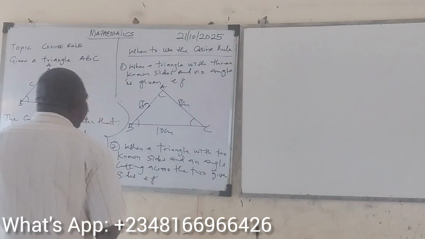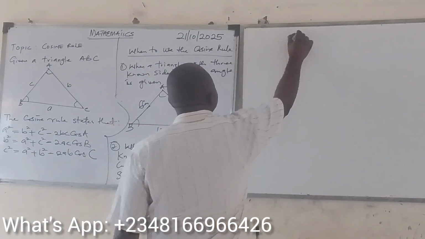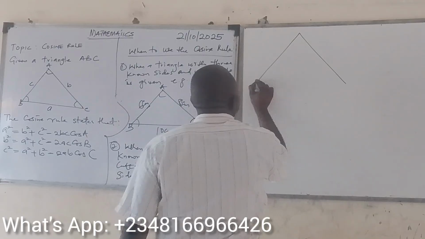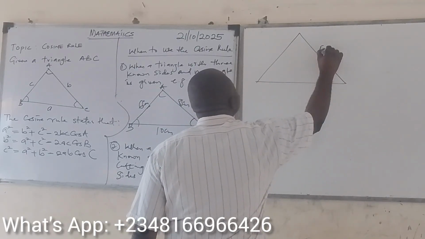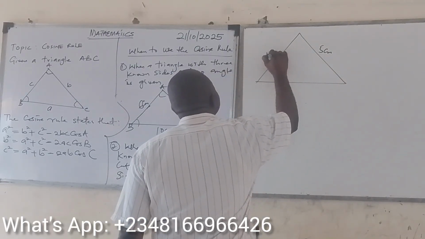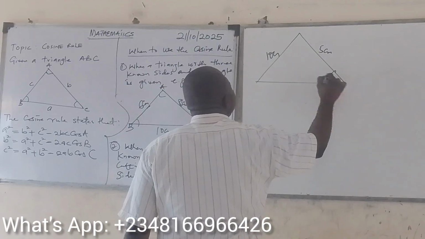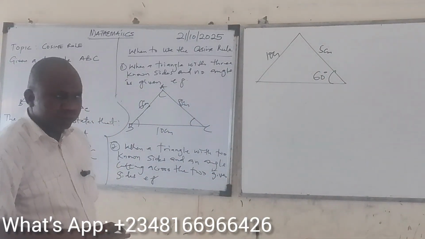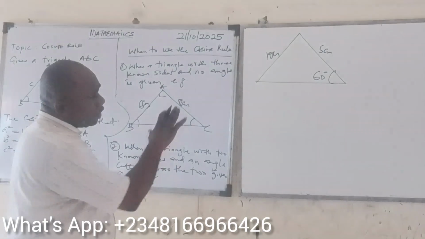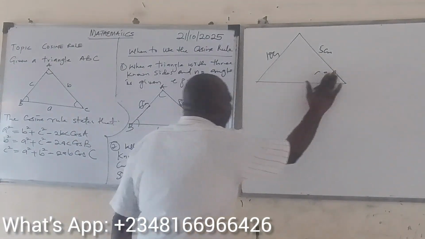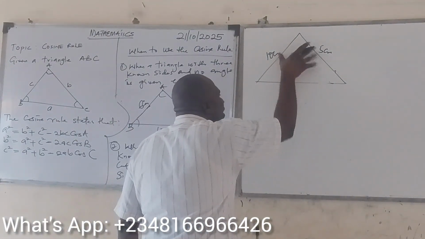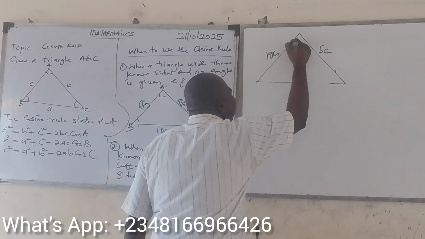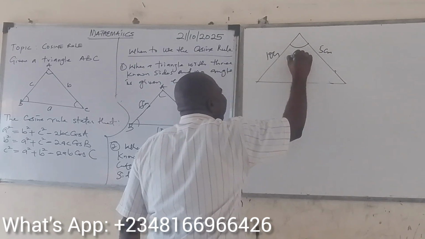For example, when you have a triangle like this and you have 5 centimeters, 10 centimeters, and here you have 60 degrees, this is not what we're talking about. We are talking about having a triangle with two known sides and an angle cutting across the two known sides.